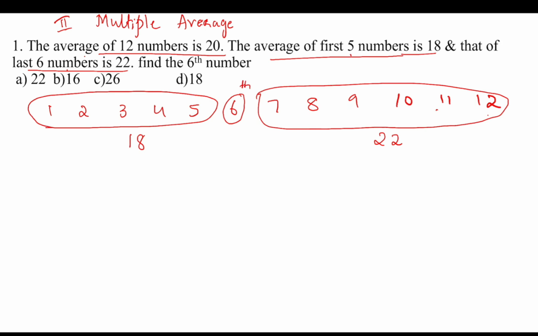So what is the sixth number they are saying? Now we know that sum is nothing but average into the number of entities, isn't it? So the average is 18 into number of entities 5. So 5 into 18 is 90. Then here also same thing, average is given.